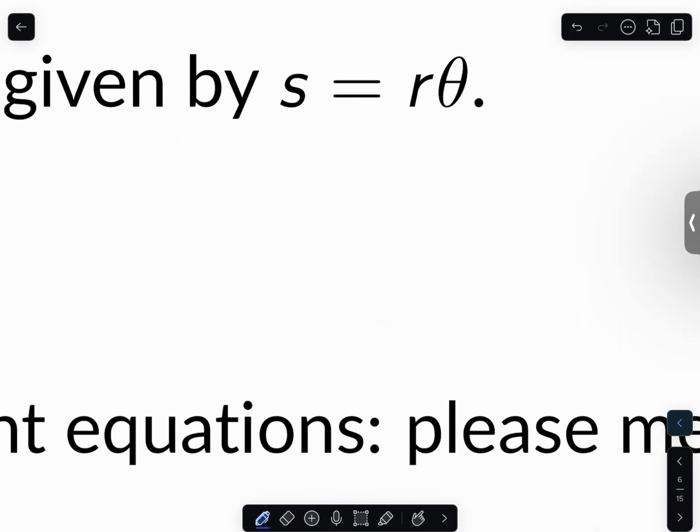Other questions, please. Do I have problems that you use to practice this? I will put a couple on the homework. How's that sound?